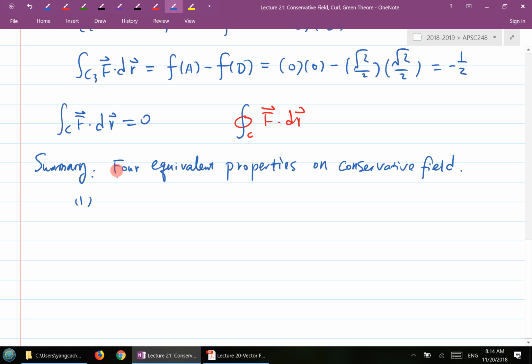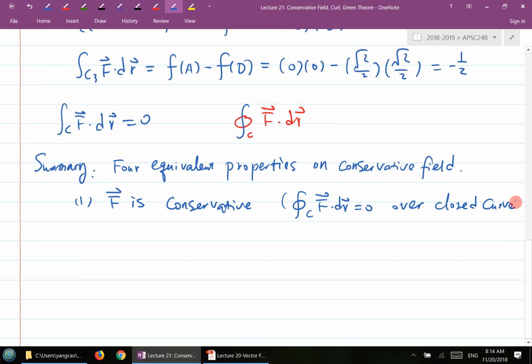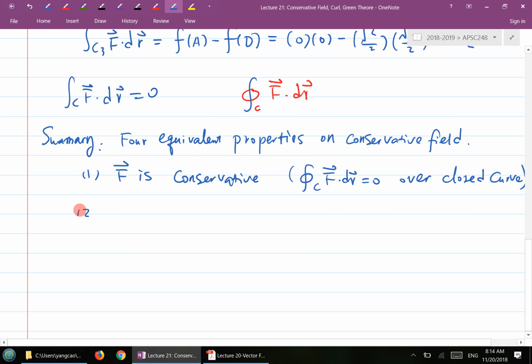The first statement is F is conservative. When F is conservative, basically what it means is we have our vector line integral equal to 0 over a closed curve. So that's one property here. The second one: this F line integral over any curve C is path independent.